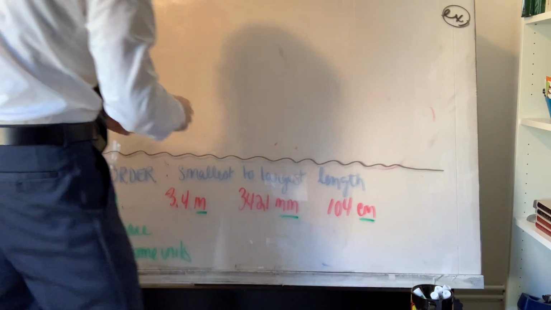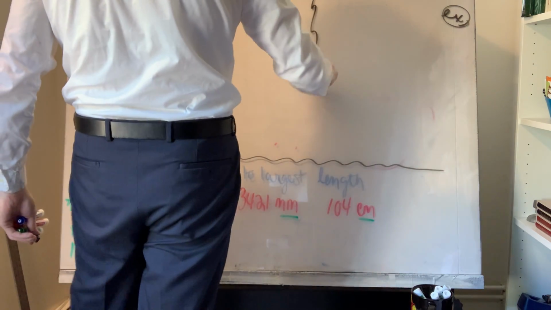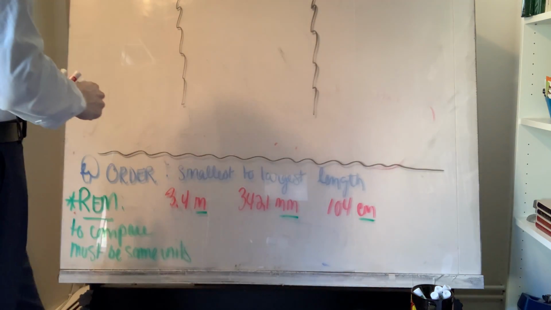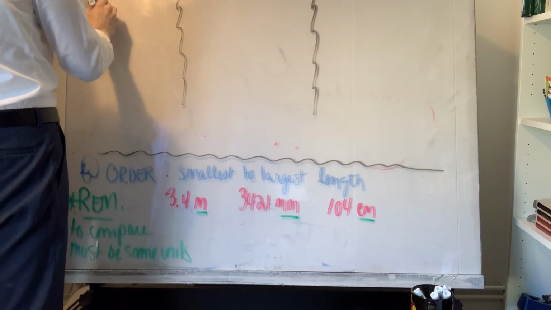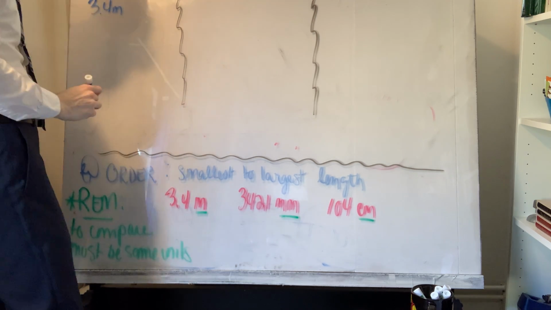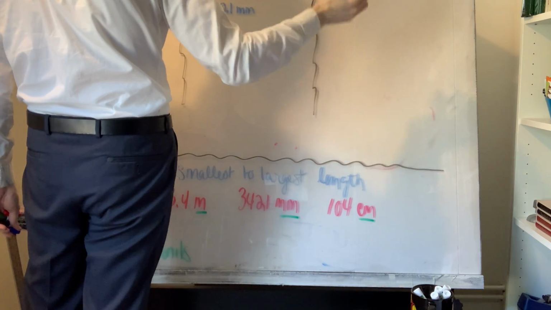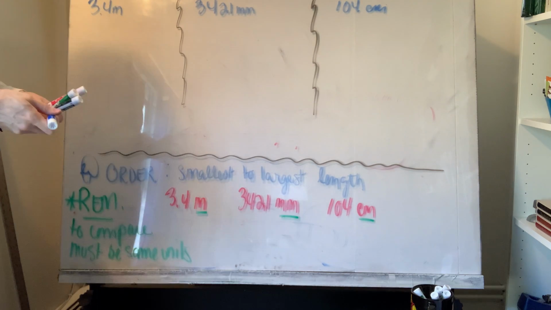So let's do this maybe in 3 parts. If we are given 3.4 meters, 3421 millimeters, and 104 centimeters, let's just make them all meters.